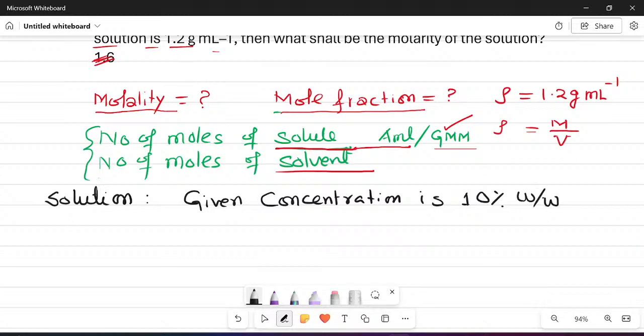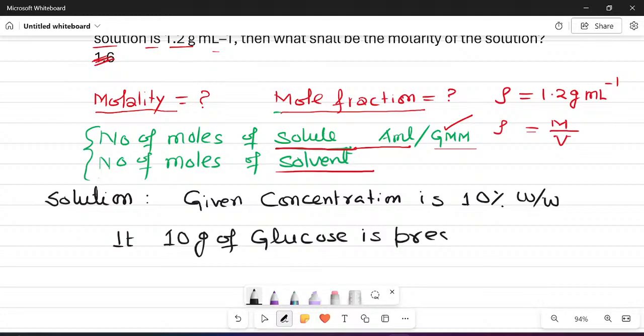It means 10 gram of glucose is present in 100 gram of solution.